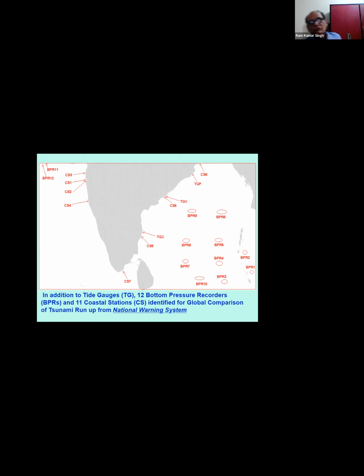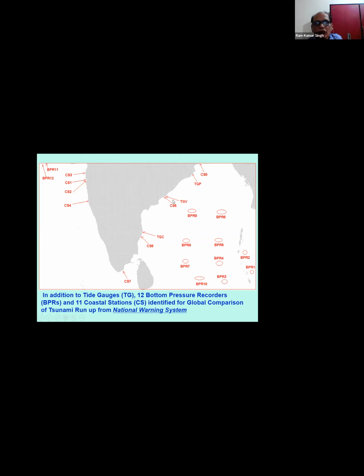So this is the layout of the national warning system that we proposed, and many of the bottom pressure recorders you see here have modems, and through that they can transmit. Besides that, we also have some coastal stations where the tsunami warning is issued after getting the data and integrating and collating it.